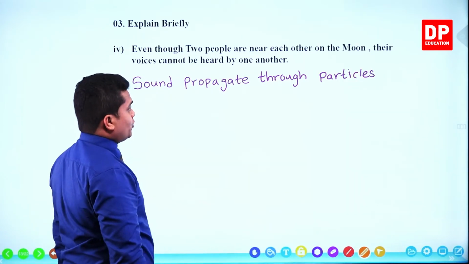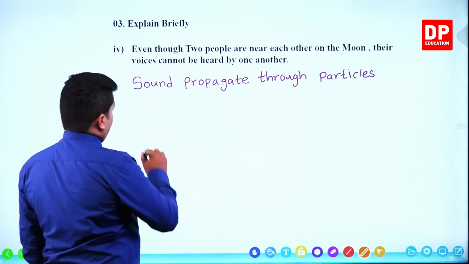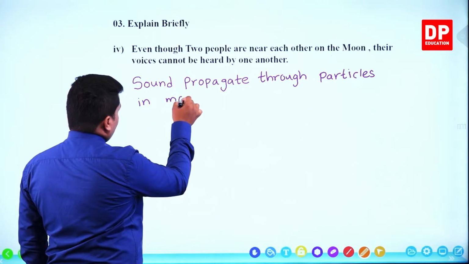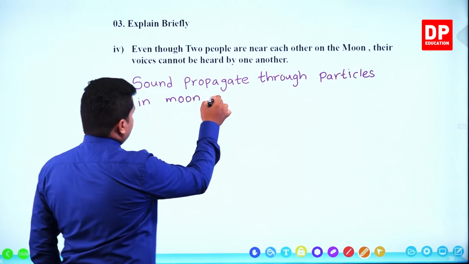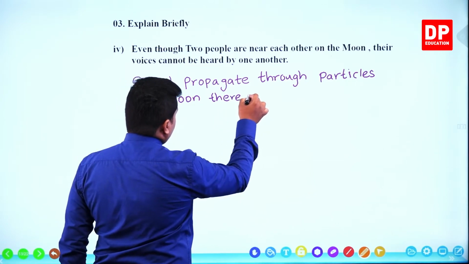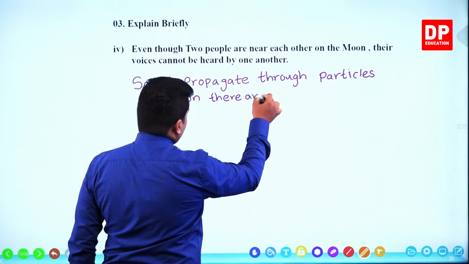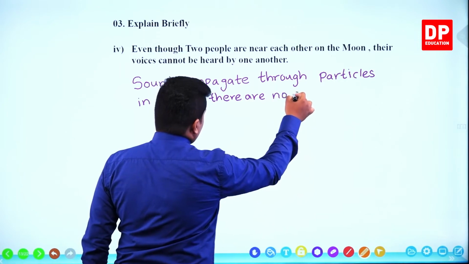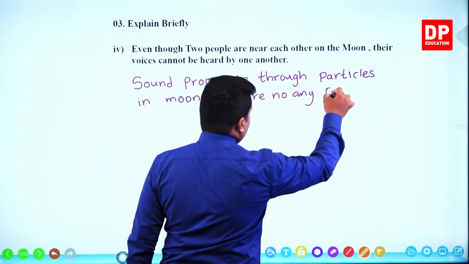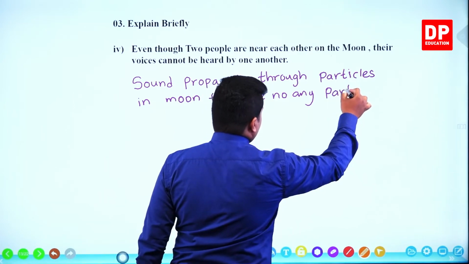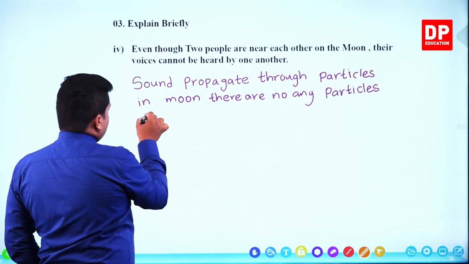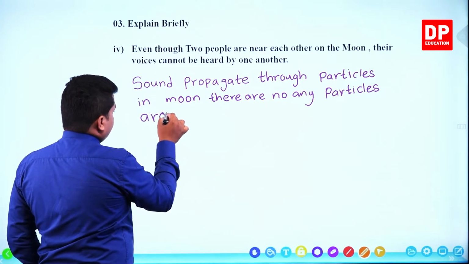On the moon, there are no particles around the environment.